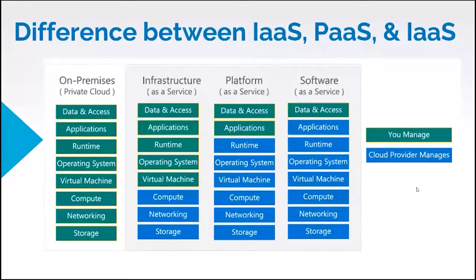That is a brief differentiation between infrastructure as a service, platform as a service, and software as a service, and private cloud. In private cloud, you are responsible for your application, your hardware, your network, your security, everything. Even auto scaling, you have to do on your own.